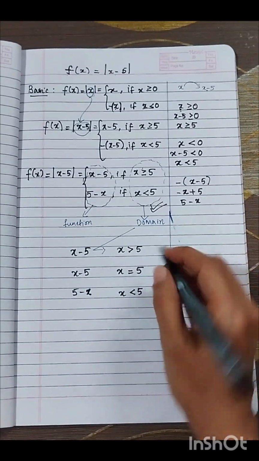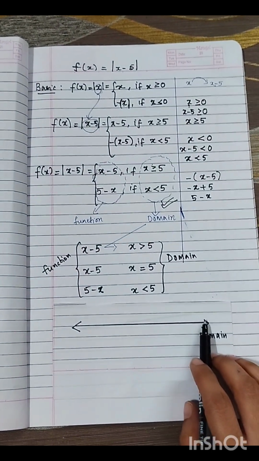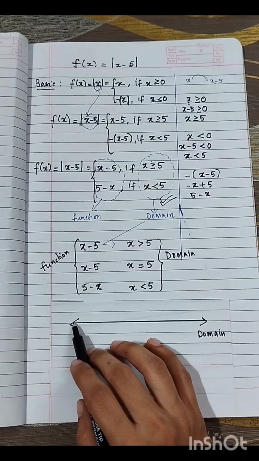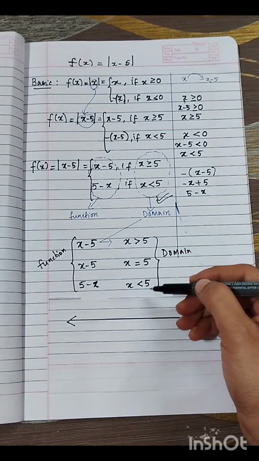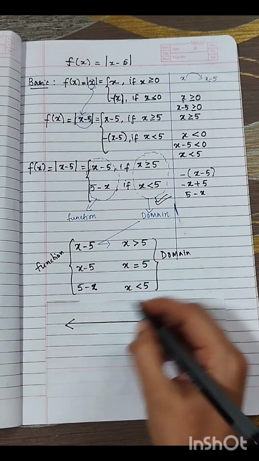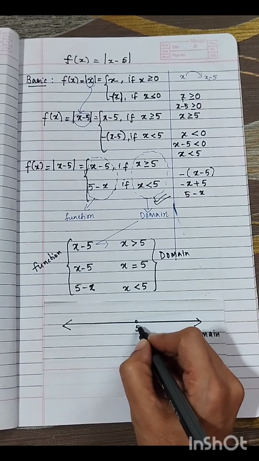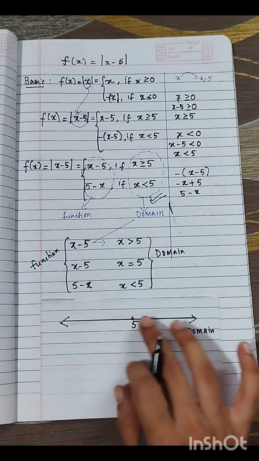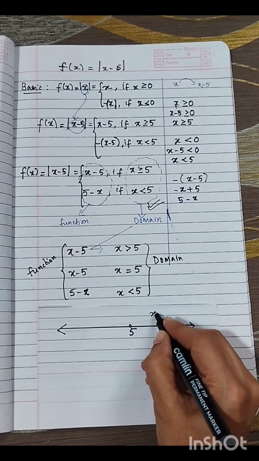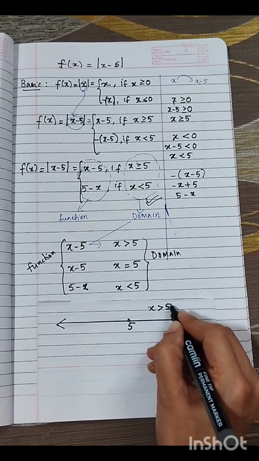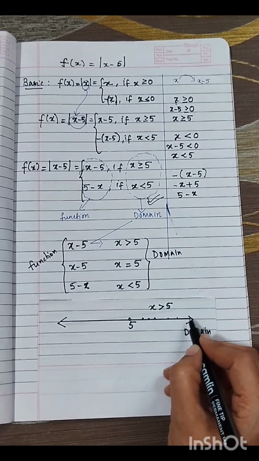Now let us consider this line as a domain, and I have infinitely many numbers on this, and one specific number which changes the game of the function is 5. So I'll write 5 here. Now if you move towards the right side of this number, the values will be x greater than 5, like 6, 7, 8, 1 lakh, 1 crore, like that.